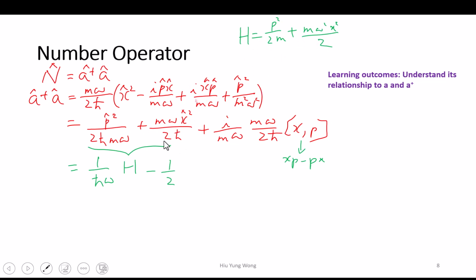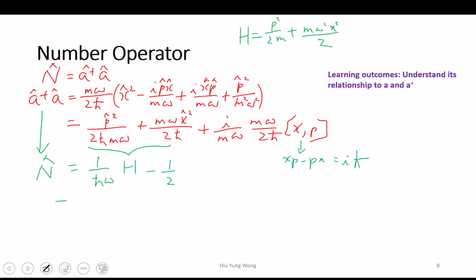The only difference is that this one has an h bar omega in extra, because this is omega squared, so h bar omega. And this term got cancelled, and this equals i h bar. So i times i, h bar got cancelled, negative 1 over 2. Okay? And we say this is equal to the number operator, right?